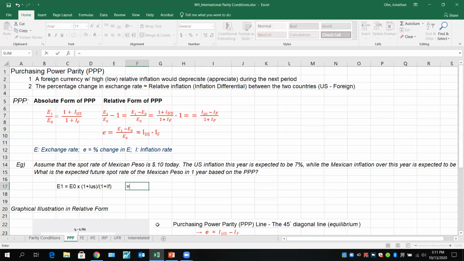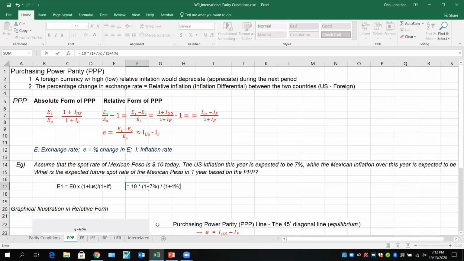E0 is 0.10 times 1 plus I US, that's 7%, so 1 plus 7%, divided by 1 plus the Mexican inflation, 4%.